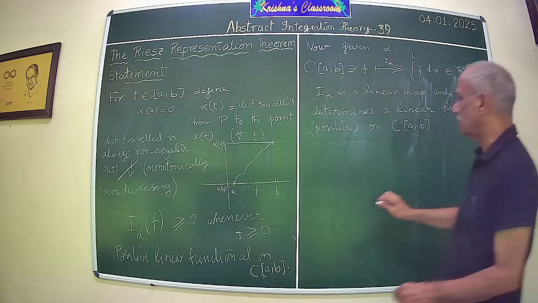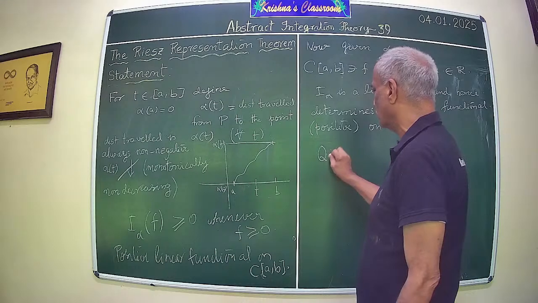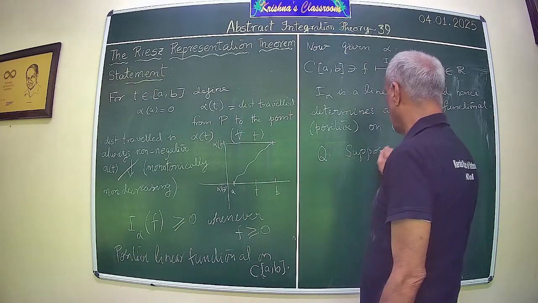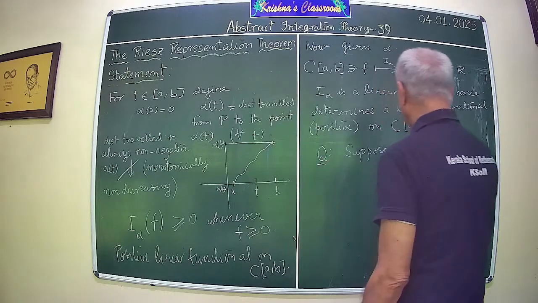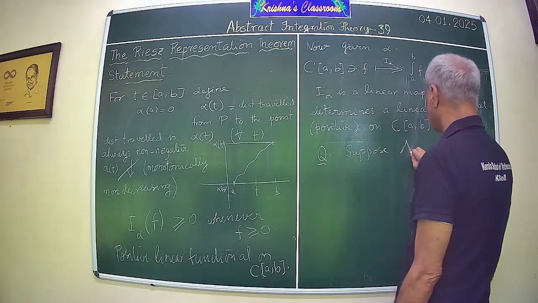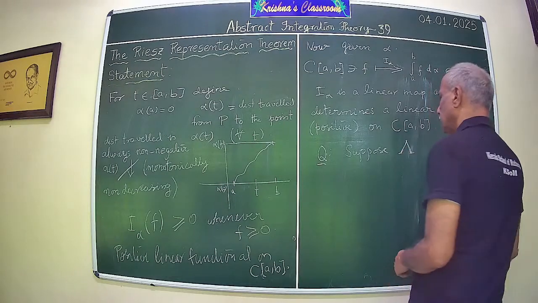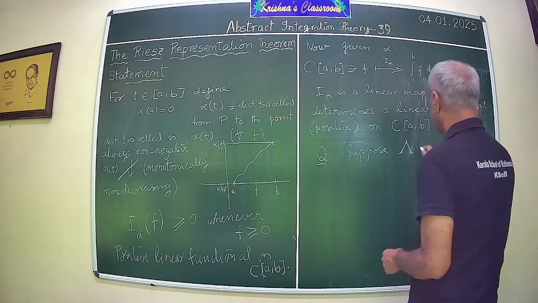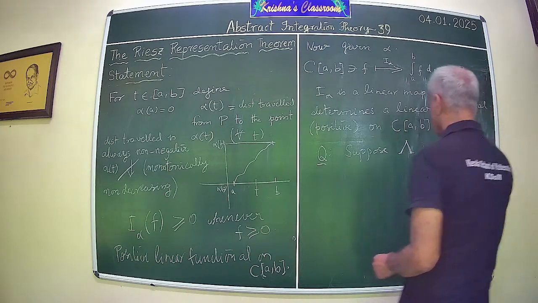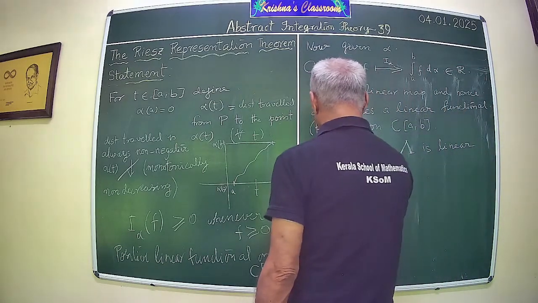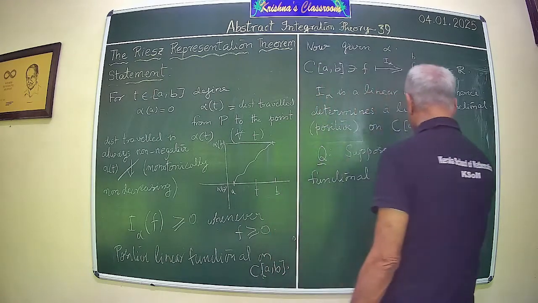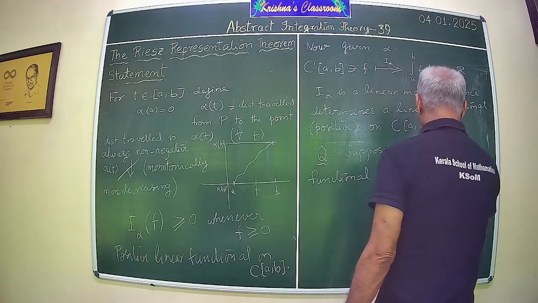Now at this stage, the question that you ask is the following. Suppose lambda is a linear function on C[a,b].